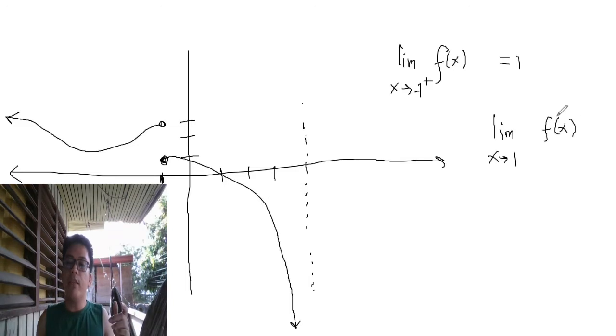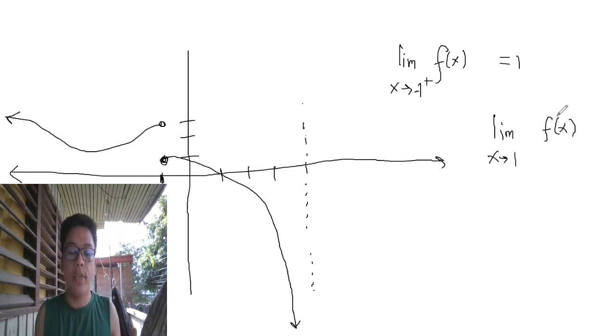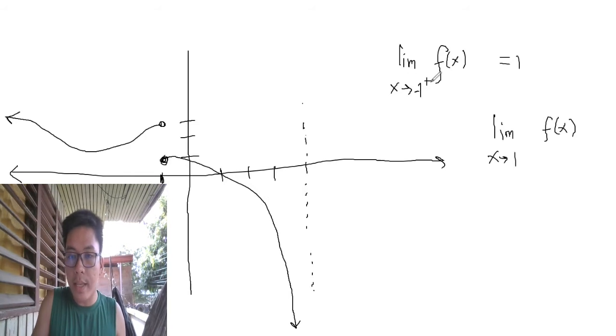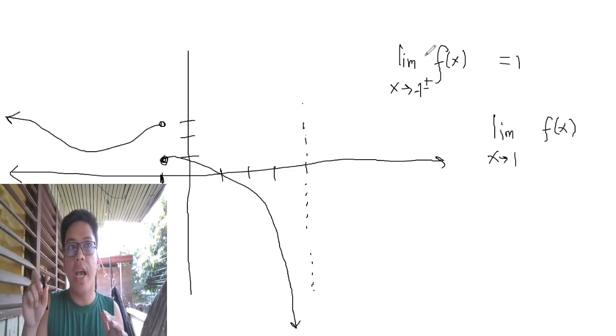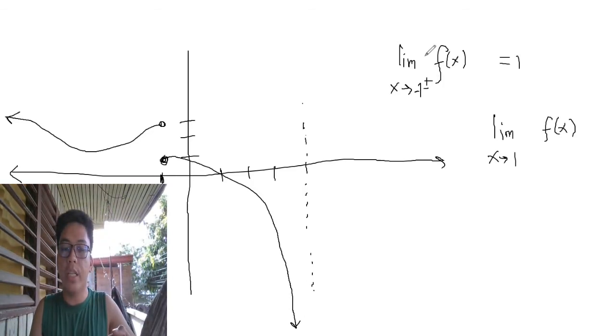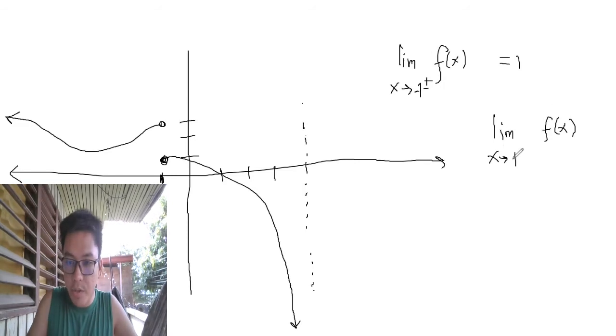Now, how about the limit of f of x as x approaches negative 1? Unlike with the previous one, there is no corresponding plus sign as an exponent on the negative 1. I'm sorry, this is negative 1. So in this case, there's no indication whether it's plus or minus.